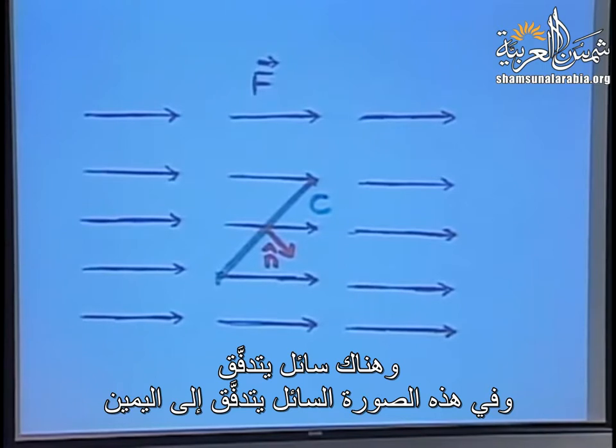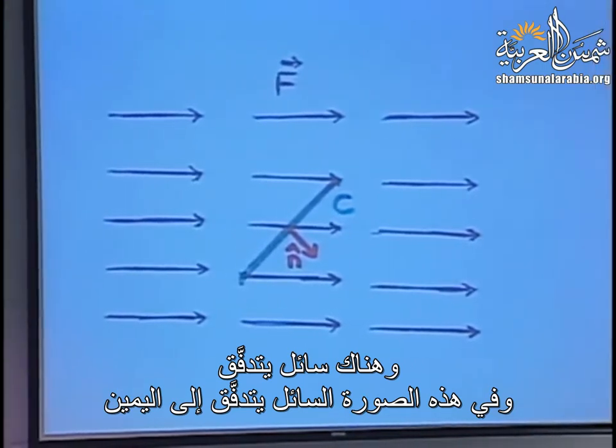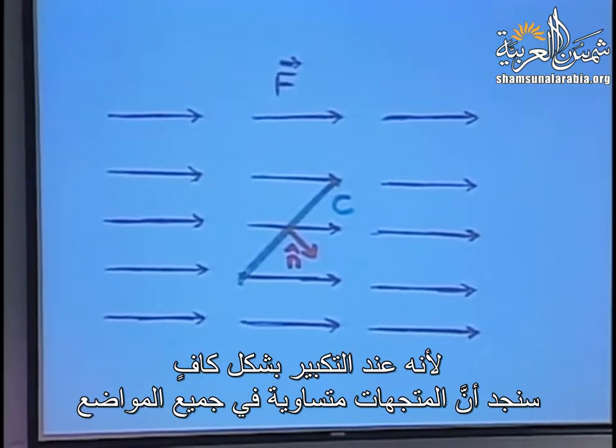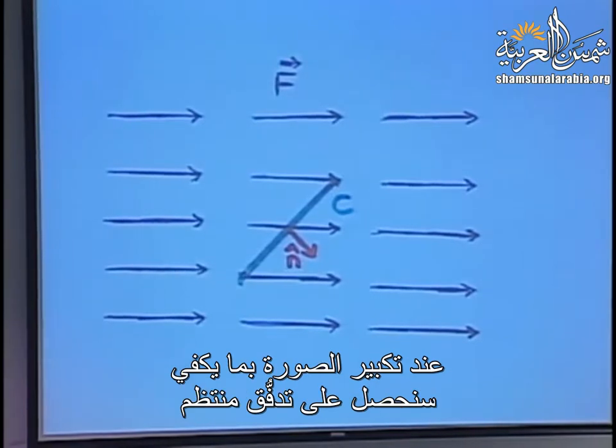On my picture, things are flowing to the right. Here I'm drawing a constant vector field because, if you zoom in enough, then your vectors will pretty much be the same everywhere. If you enlarge the picture enough, then things will be pretty much a uniform flow.